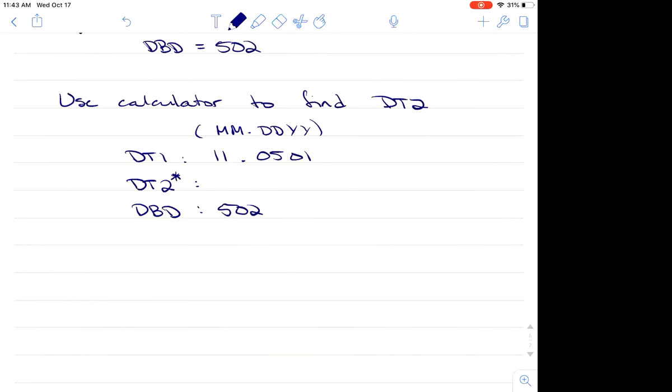Yep. So you enter the first date, 11.0501. Hit enter. And then scroll past date 2, because we don't know it, down to days between dates. Enter 502, and then enter.